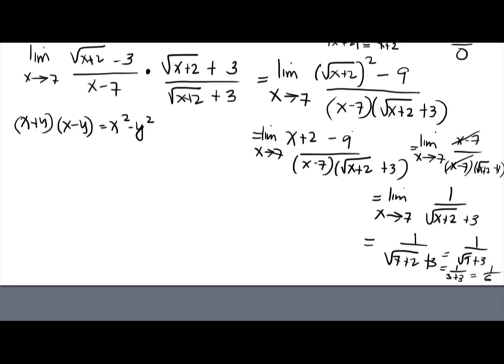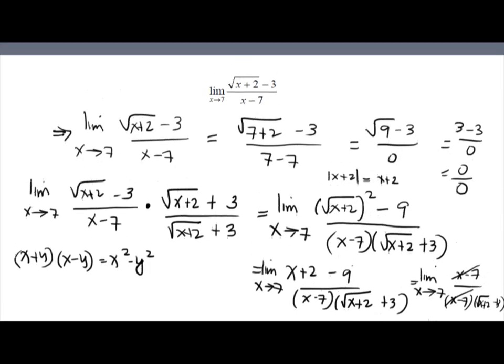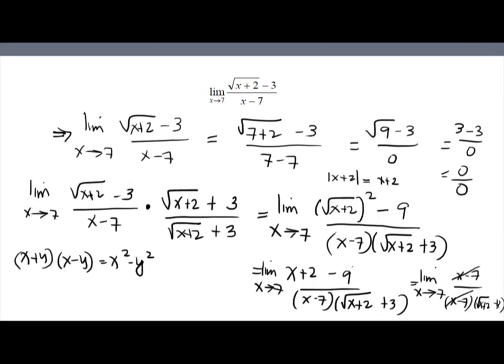So therefore, the limit of the square root of x plus 2 minus 3 over x minus 7, by simplifying the expression using the method of rationalizing the numerator, is equal to 1 over 6.